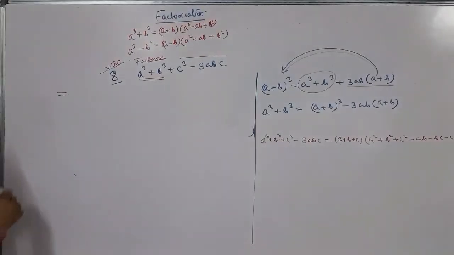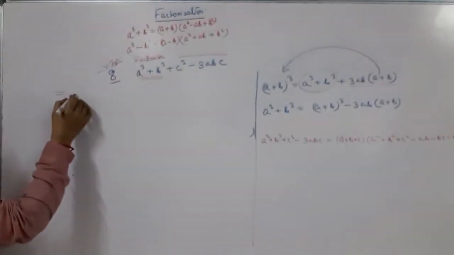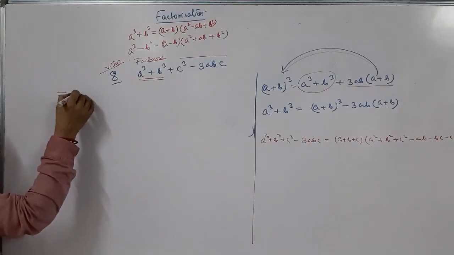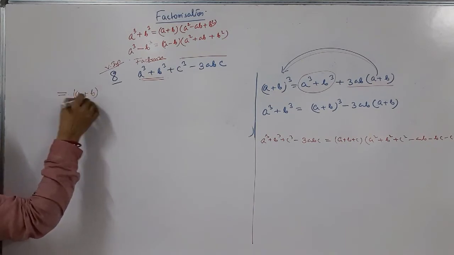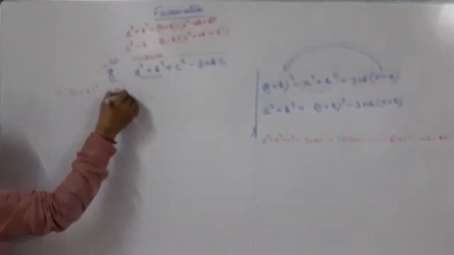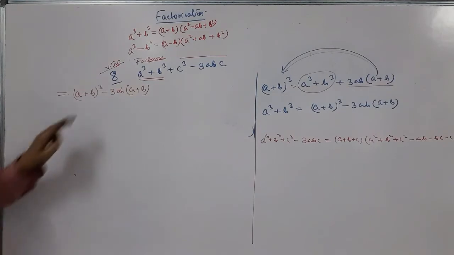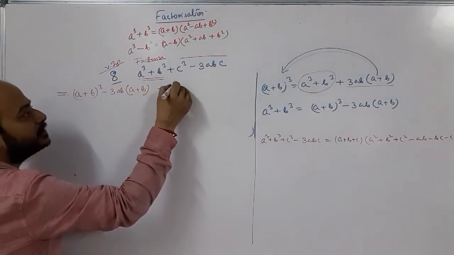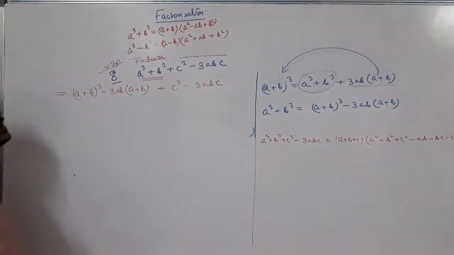So what we will write here, just see, a cube plus b cube I will write as a plus b whole cube minus 3ab bracket a plus b. So this is a cube plus b cube, and as it is, c cube minus 3abc is left there.